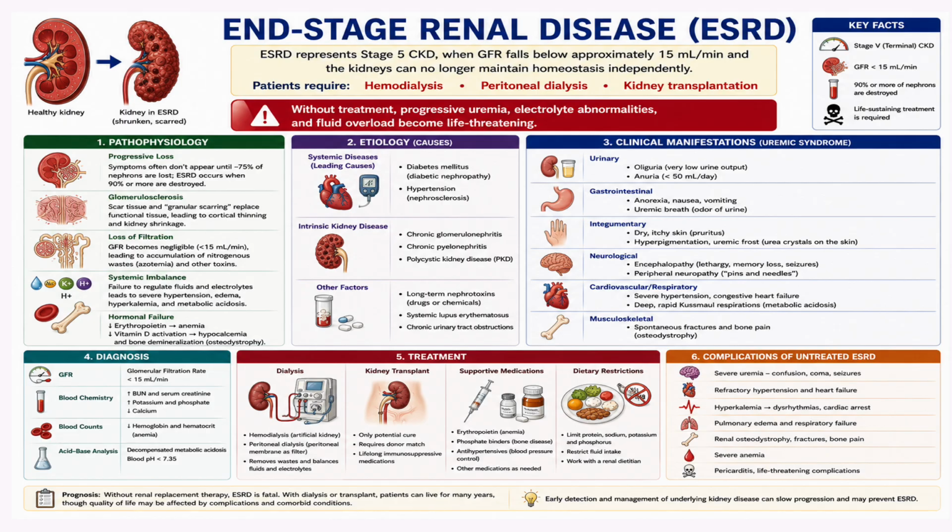Peritoneal dialysis is also used. It uses the patient's peritoneal membrane as a natural dialysis membrane. Kidney transplantation remains the only treatment capable of restoring near normal kidney function. Without dialysis or transplantation, ESRD is fatal, because without the kidney, we cannot survive.